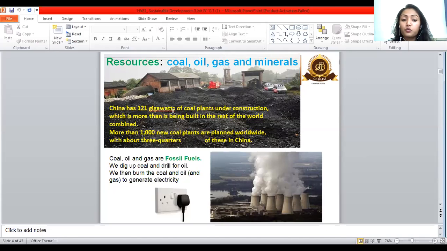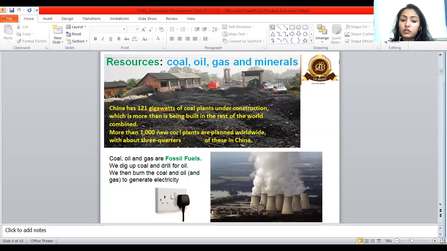China has 121 gigawatts of coal plants under construction, which is more than is being built in the rest of the world combined. That means China is so much into the construction of coal plants. It has already been said that coal is a very limited resource on the earth. It's not available forever, and it cannot be recycled and renewed.